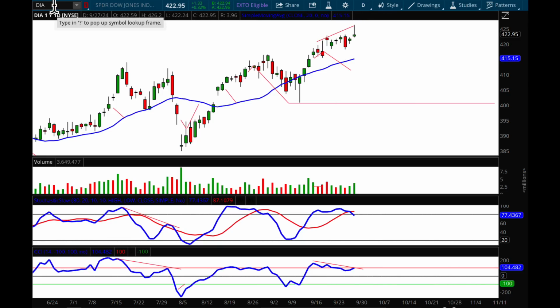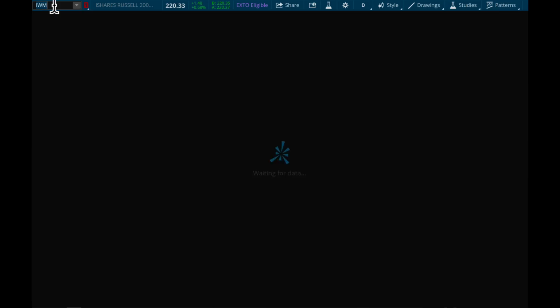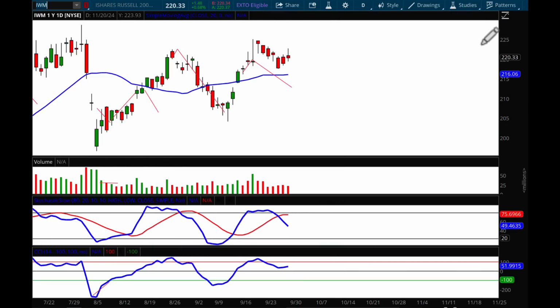And moving on to IWM, you'll see that we have another shooting star right there, long shadow. We had a shooting star back here, same thing. Right on that day, July 31st, we had those shooting stars showing up right across the board in the major market ETFs. And we have a long stretch of red, but it's very odd that you see a lineup of red candles while we see higher lows and higher highs.